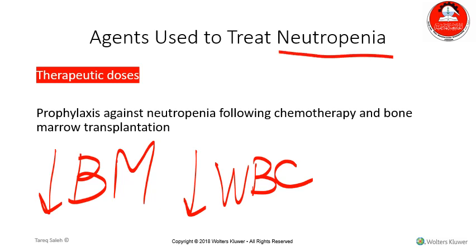That's why cancer chemotherapy can cause neutropenia. And for that purpose, we can use these drugs as prophylactic therapy when we give chemotherapy to those patients to avoid bone marrow failure and reduced number of white blood cells.